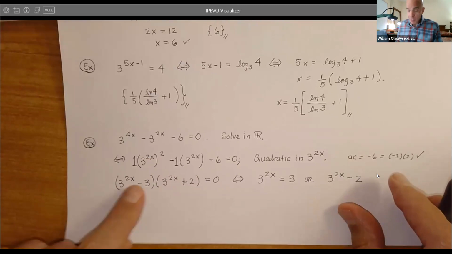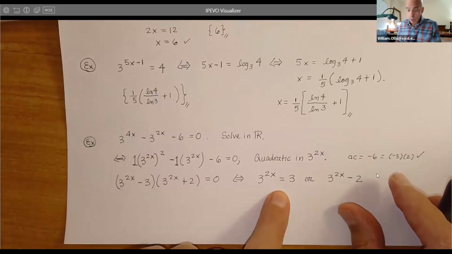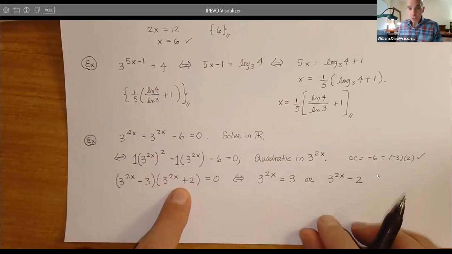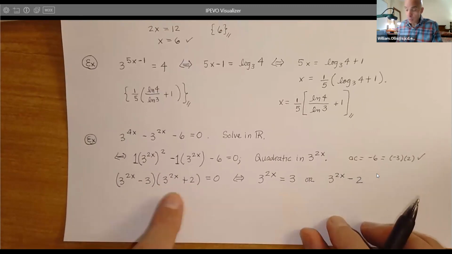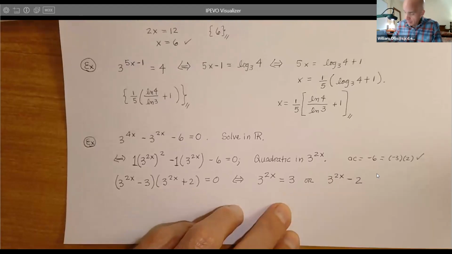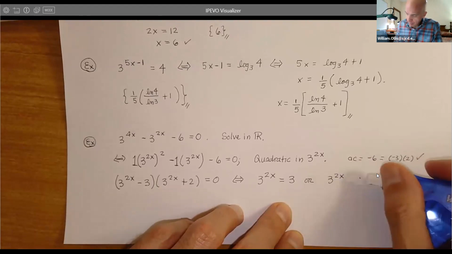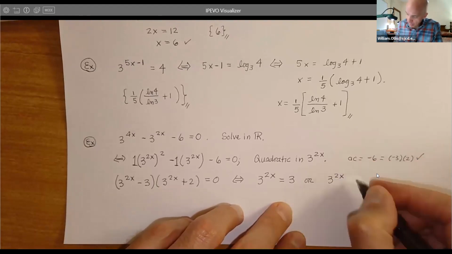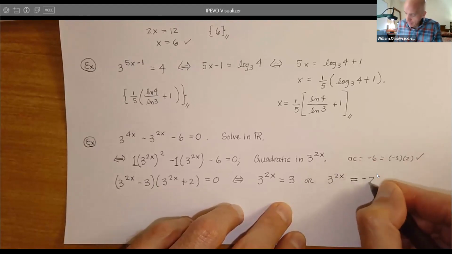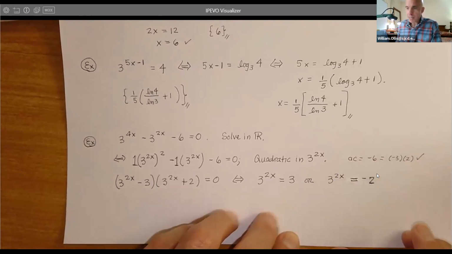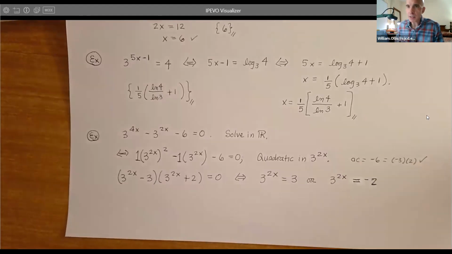So if this equals 0, then we move the 3 over and get 3 to the 2x equal 3. If this factor equals 0, we move the 2 over, excuse me, I left out my equal sign. We definitely need that. Again, the mathematics always tells us exactly what we need to do.